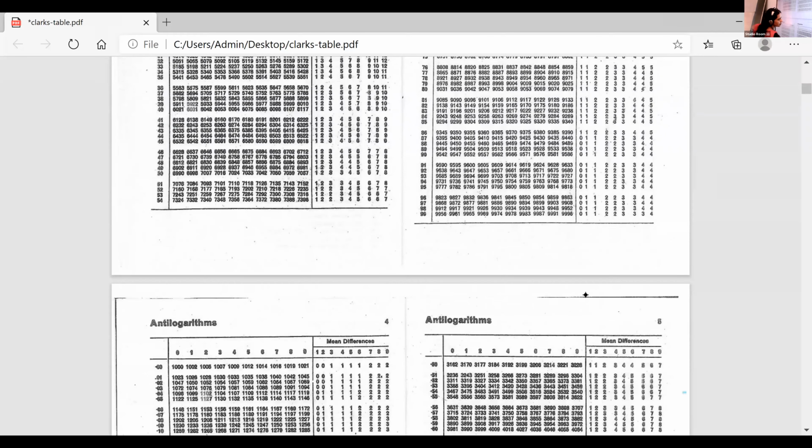Check it. What is 0.0502? Antilog of 0.50. So 0.50 means this one with the 2. So 1122 plus 1. So you will get 1123. Isn't it? Is it 1123?